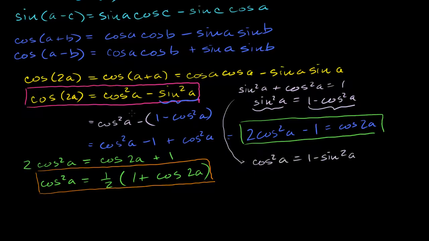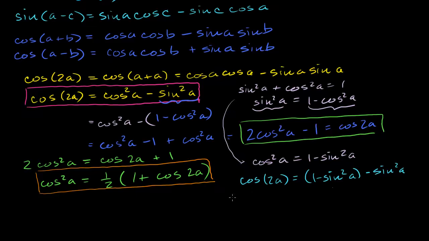And then we could go back into this formula right up here, and I'll do it in this blue color. We could write down that the cosine of 2a is equal to, instead of writing the cosine squared of a, I'll write this, 1 minus sine squared of a minus sine squared of a.